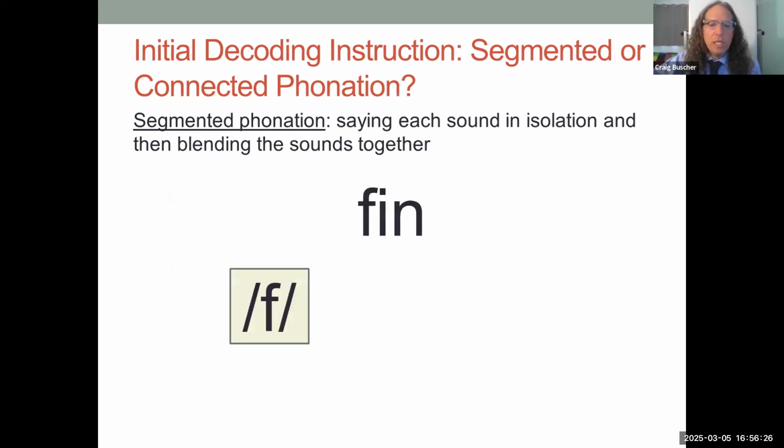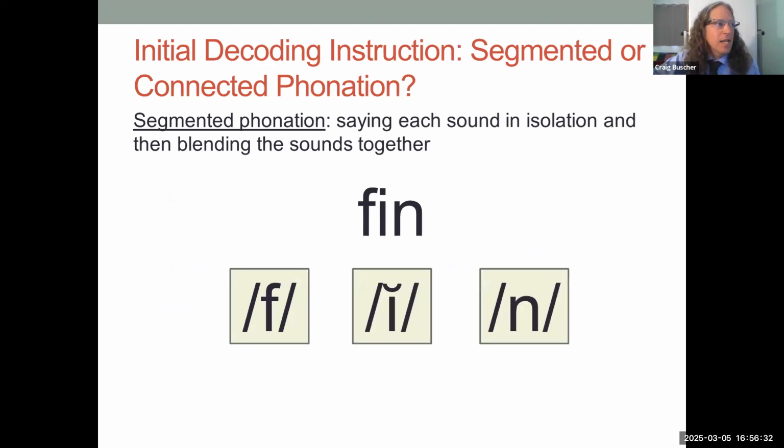This is typically how we teach blending, where you go, th, i, n, and then we're supposed to say thin, right? Some of these students with word reading issues and dyslexia will not say thin. The pauses in between are just too much, and they can't hold on to all of this, and they won't say thin.